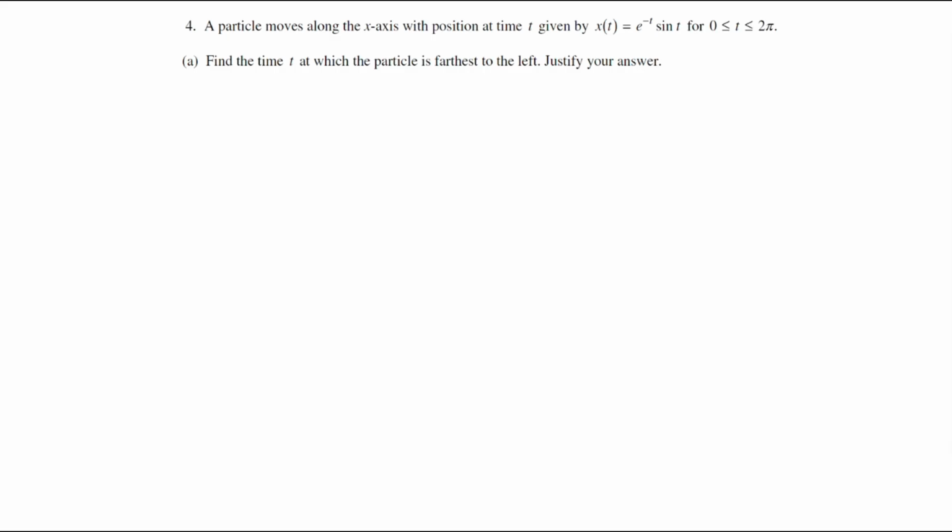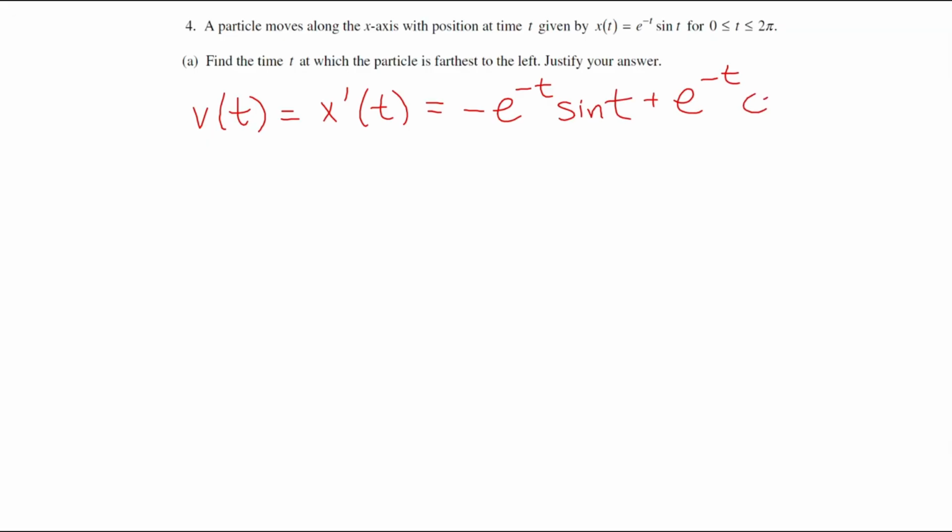So the velocity function we'll find by taking the derivative of the position function. And we'll have to use, of course, the product rule to do that. So the derivative of e to the negative t is negative e to the negative t, and we'll multiply that by sine t. And then we'll add to that e to the negative t times the derivative of sine t, which is cosine of t.